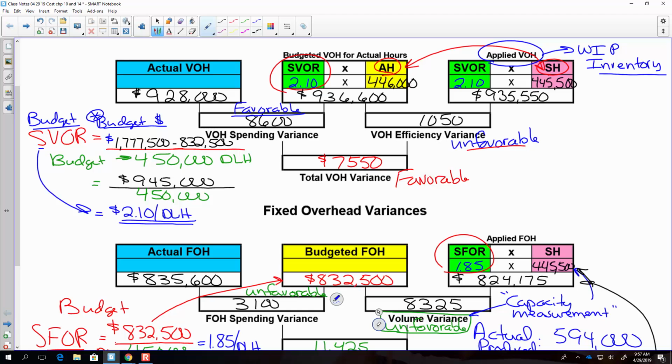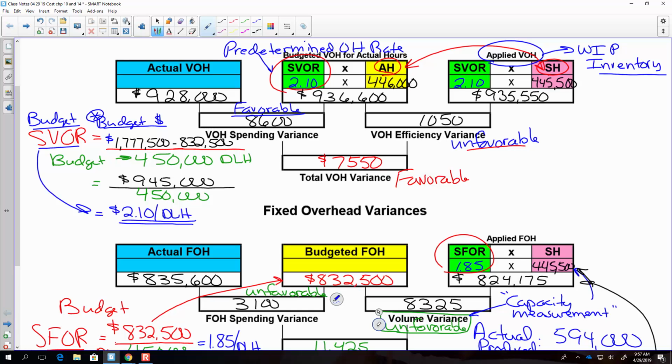Sometimes we call it the standard variable overhead rate, but this is also known as the predetermined overhead rate. Obviously, it's the variable overhead rate. 2.10 is the variable overhead rate. The $1.85 is the fixed predetermined rate.